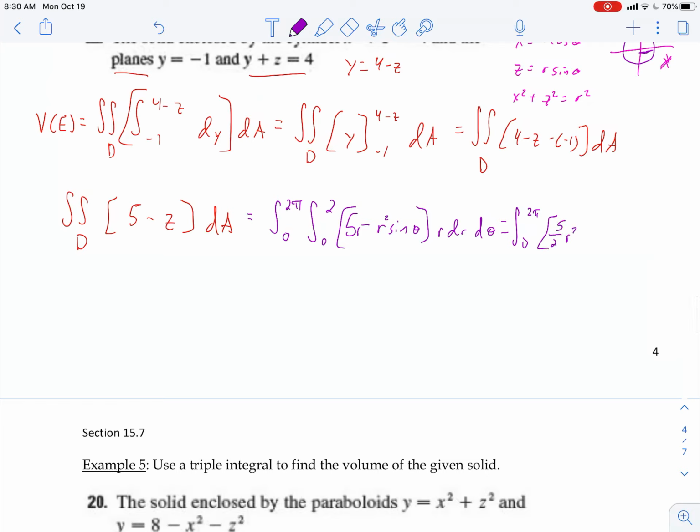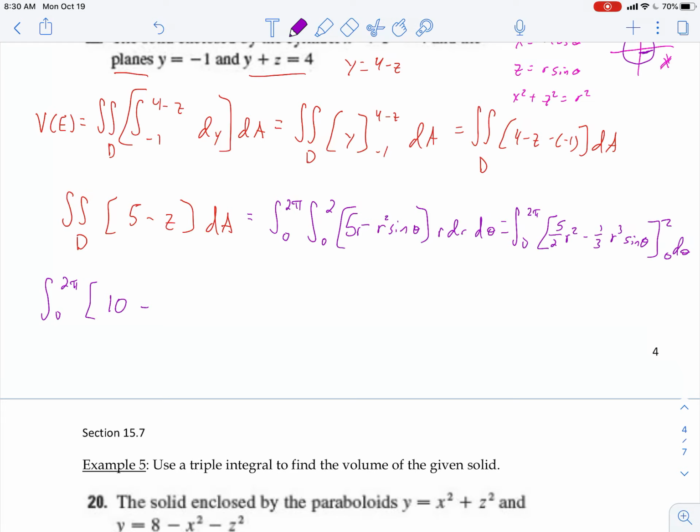Let's go ahead and integrate with this. So I'll have 5 halves r squared minus 1/3 r cubed sine theta from 0 to 2 d theta. And so then I'm going to have the integral from 0 to 2 pi.